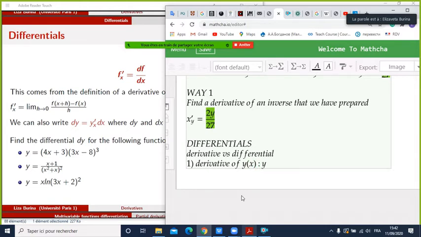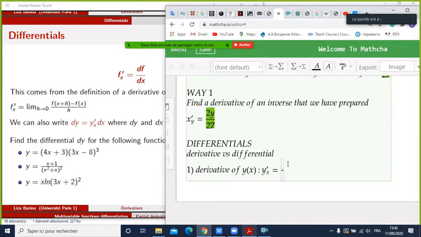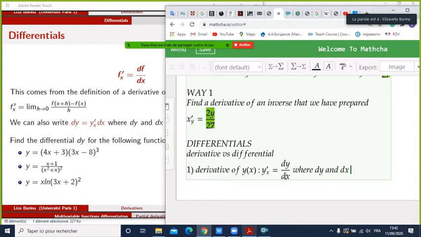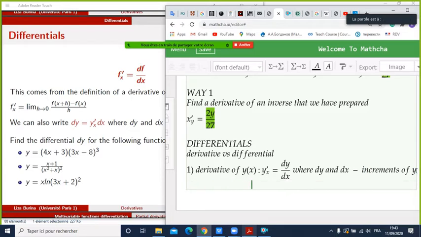We write it for now as y prime x, and it is equal to dy over dx, where we can think of dy and dx as increments of y and x.